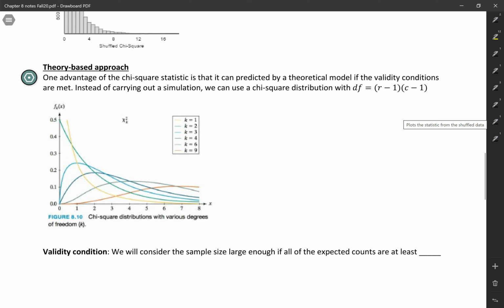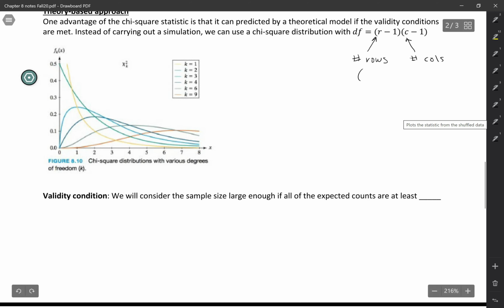And here the degrees of freedom depends on the size of the table. So when it says R-1, R here is going to be our number of rows. And then C-1, C is the number of columns. And when we count the rows and the columns, we don't include the totals. So basically you're just thinking about how many levels each variable has.